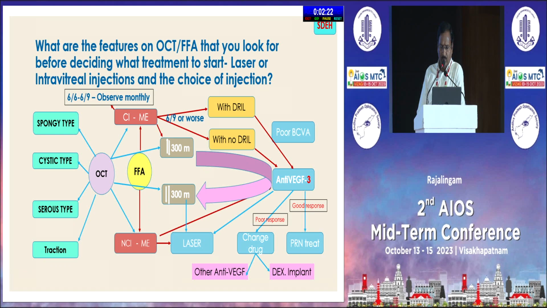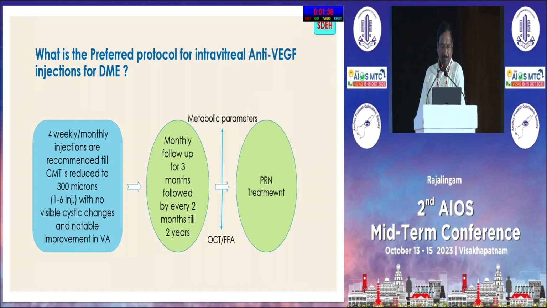And if you find any DRIL findings, you have to give a poor visual prognosis even after the treatment. If the patient responds well, then you subject the patient to the PRN method. And if the patient gives a poor response, then you have to think over whether to change the drug within the same group, or select a drug from a different group.